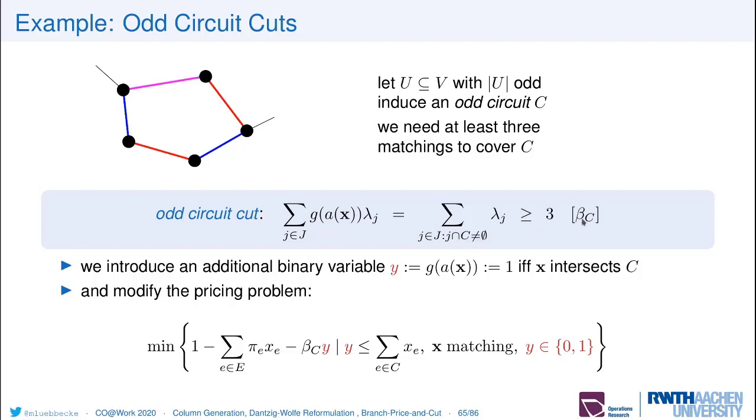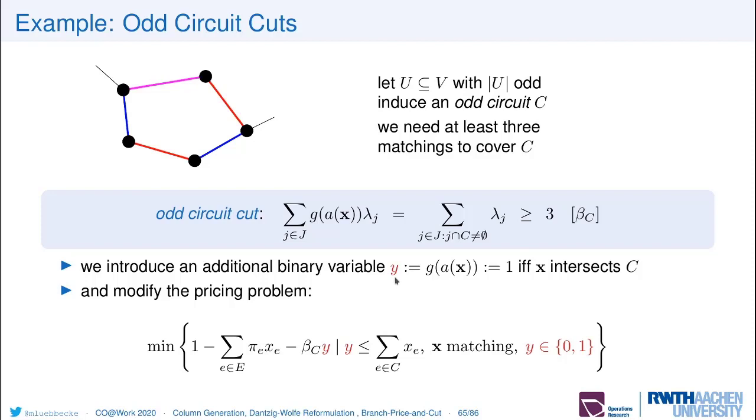Now this inequality has an additional dual variable, and that has to be respected in the objective function of the pricing problem. Here is the original objective function of the pricing problem, and here is this additional dual variable for this cut. How would I try to respect it?